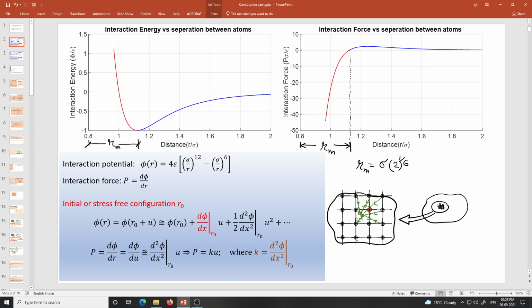So if we draw this atom here in an isolated manner, we shall see that a force is acting on this particle. I forgot to mention one more. Let me redraw it.